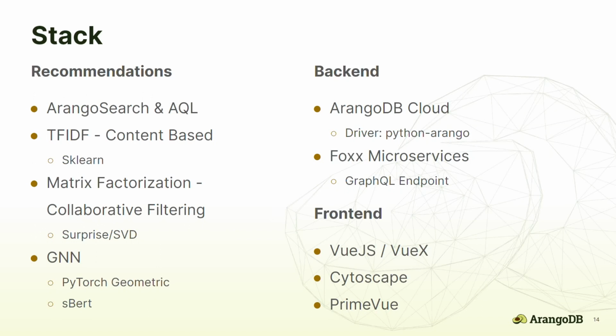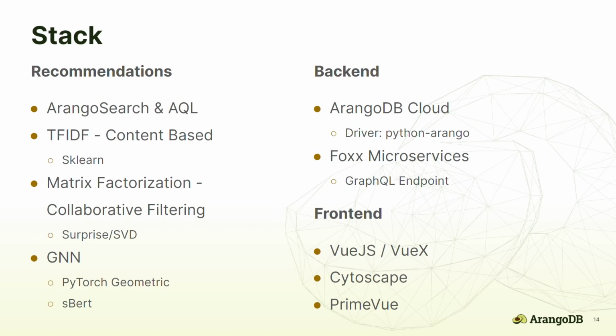And on the backend, ArangoDB Cloud, we have a Python driver. We actually have two Python drivers. Python Arango is the main one we're using right now. This is something that we've developed with the community as well. And we have another one called PyArango. And the Foxx microservices, this is just our microservices framework that lives on the database. This allows us to install a GraphQL endpoint, which is what we did.